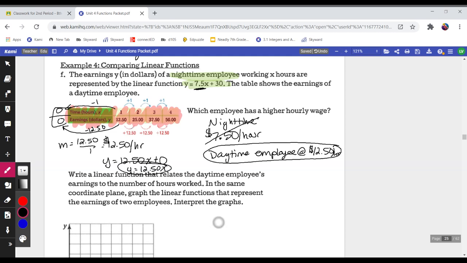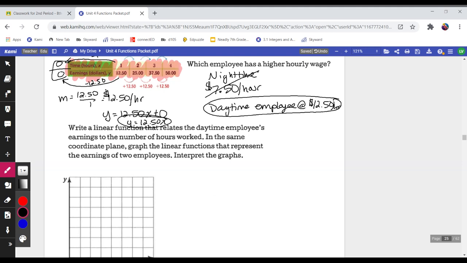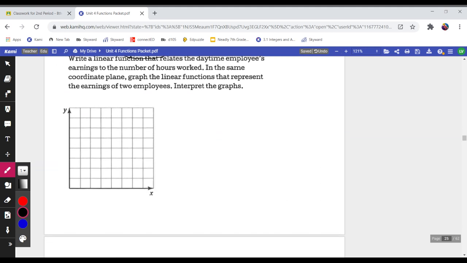In the same coordinate plane, we're going to graph both of these to represent the earnings of the two employees. Then we're going to interpret what it means. My x-axis, I'm going to make hours. My y-axis I'm going to make earnings in dollars. For the hours, I'm going to go by 1: 0, 1, 2, 3, 4, 5, 6, 7.